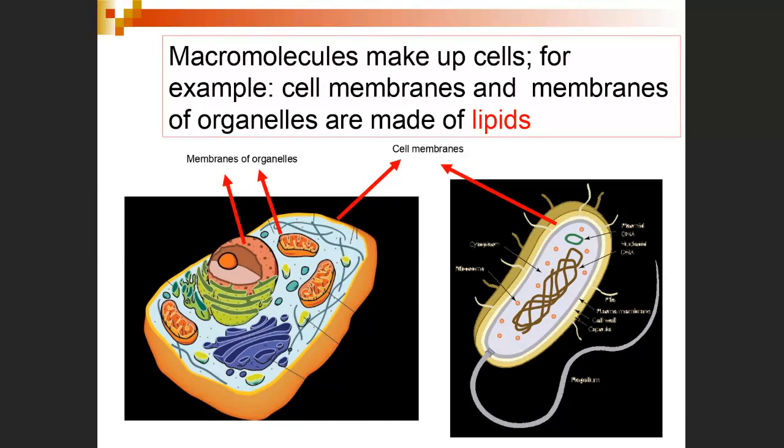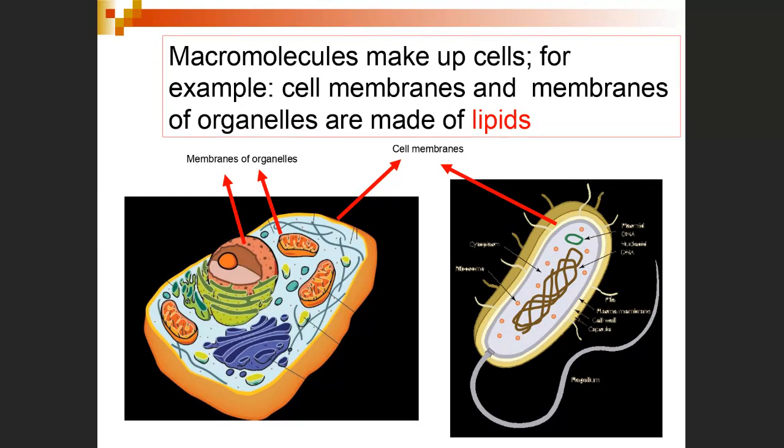So as far as this planet is concerned, all living things are made of carbohydrates, lipids, proteins, and nucleic acids. And the only way we find these molecules is by living things making them. So you don't find proteins in a rock unless there is a living thing in that rock making those proteins.